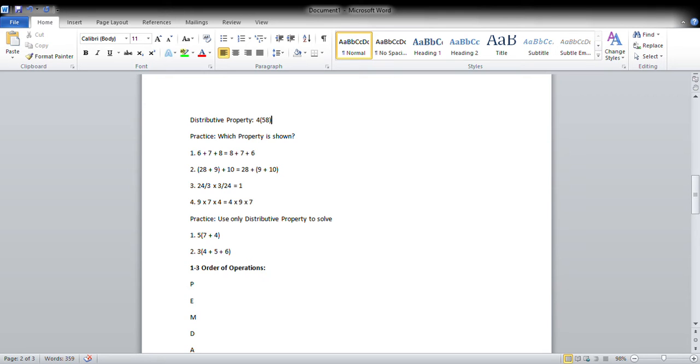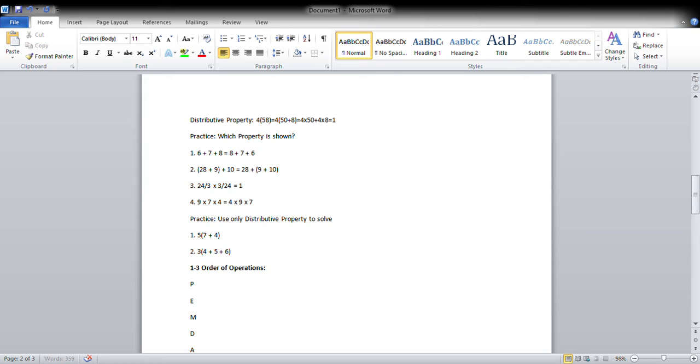You can write this in the breakdown method as 4 times, and when you break it down, 50 plus 8. Then the distributive property states that you can write this as 4 times 50 plus 4 times 8, which makes it much easier because you can do it in your head rather than have to write down 4 times 58.